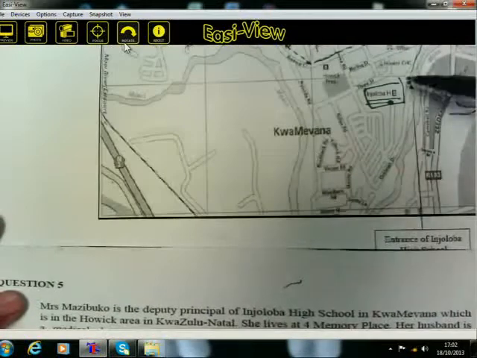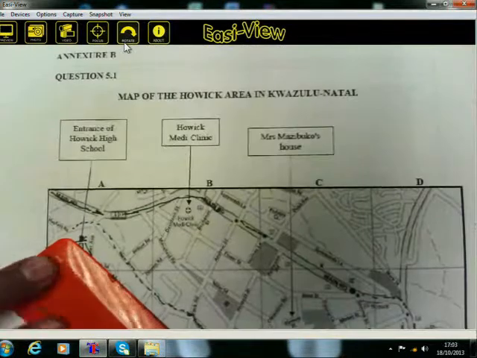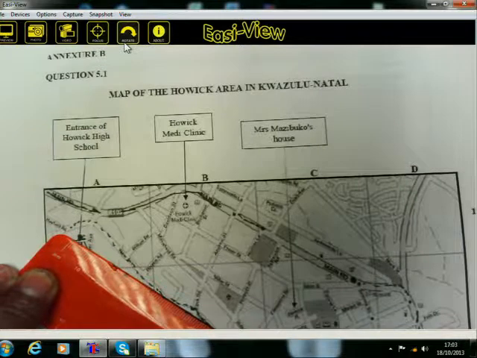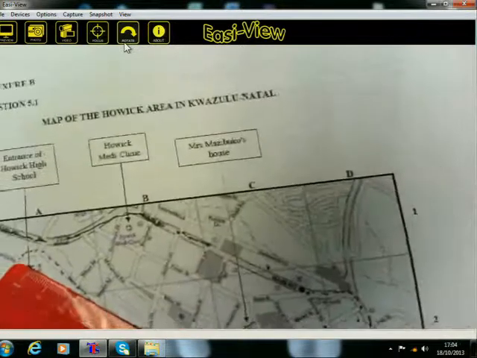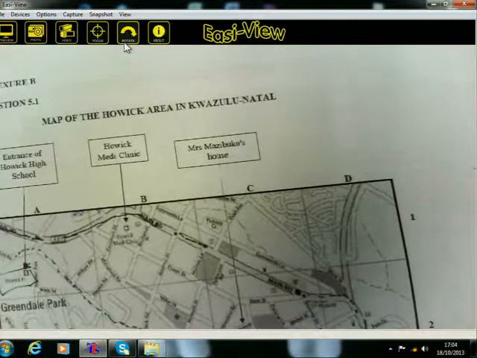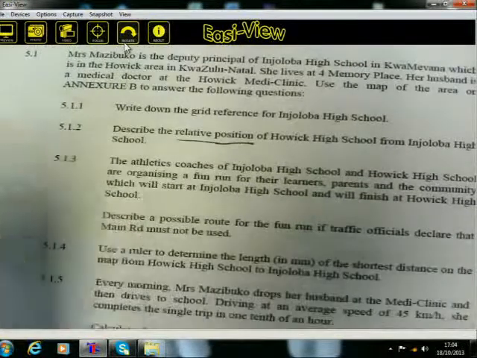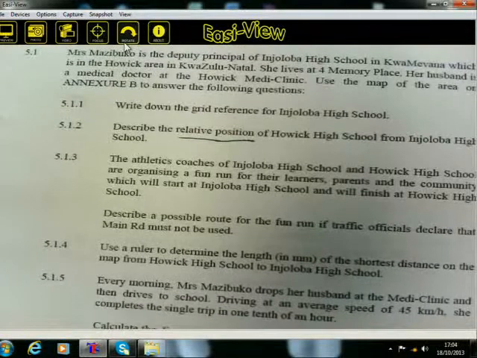Now we must measure from here up until here, using millimeters. It's going to be 130 millimeters. The distance is 130 millimeters.